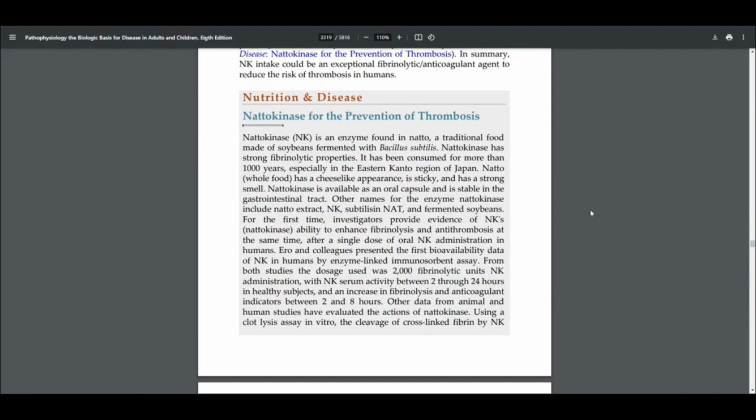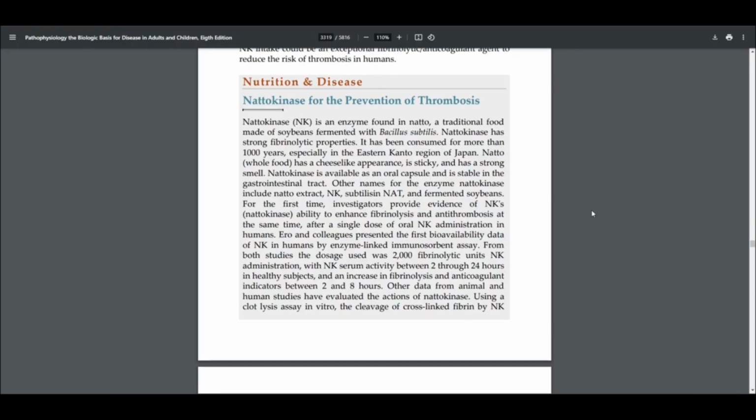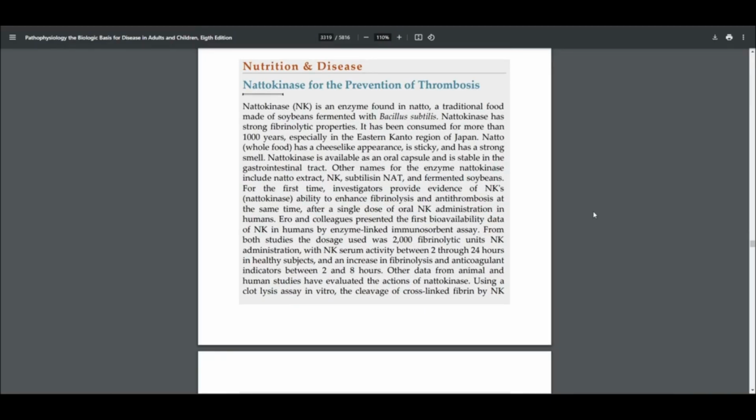It is a traditional food made from soybeans fermented with Bacillus subtilis that has strong fibrinolytic properties and has been consumed for more than 1,000 years, especially in the region of Japan.